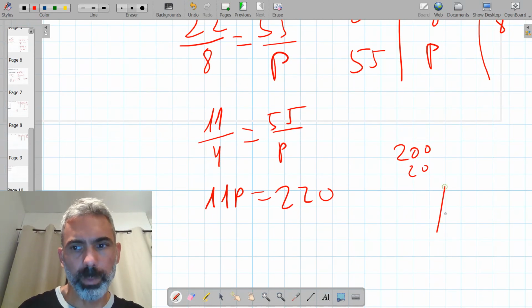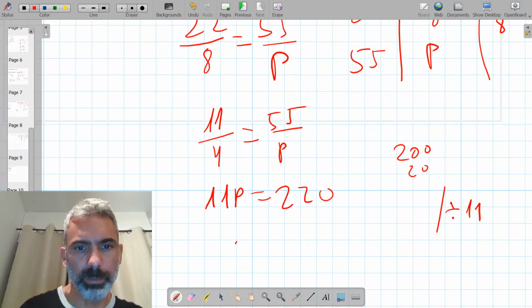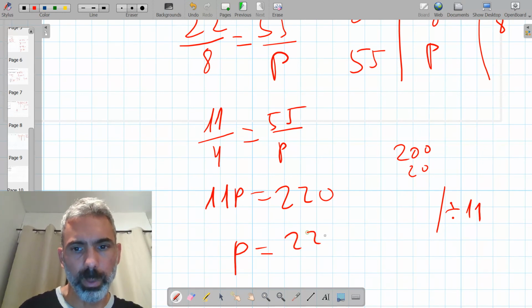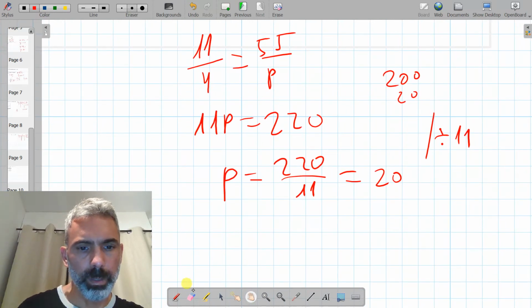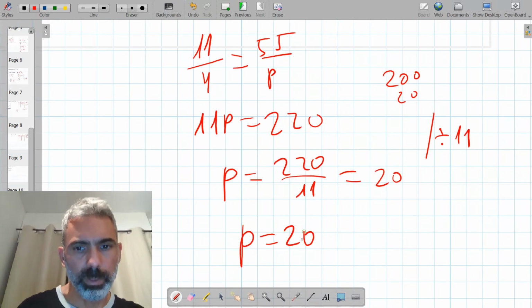We divide both sides of the equation by 11, so P equals 220 divided by 11, which is 20. Right. So P equals 20.